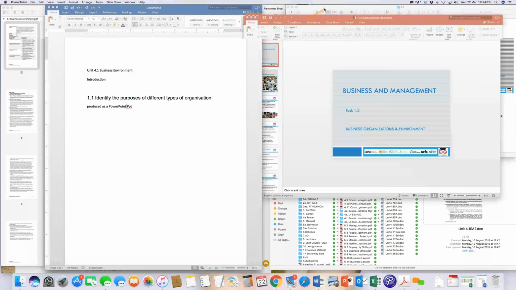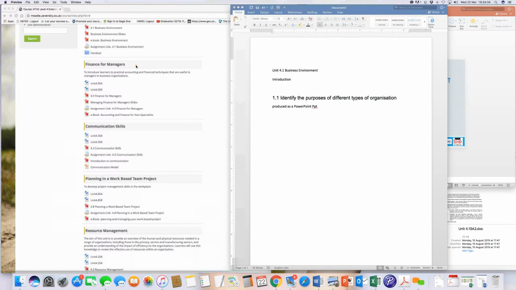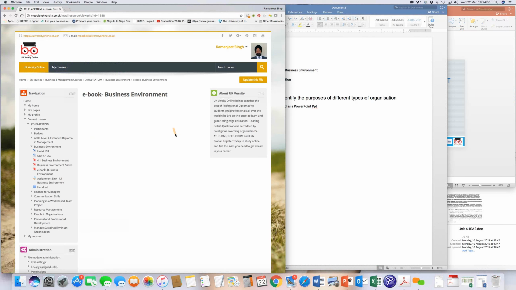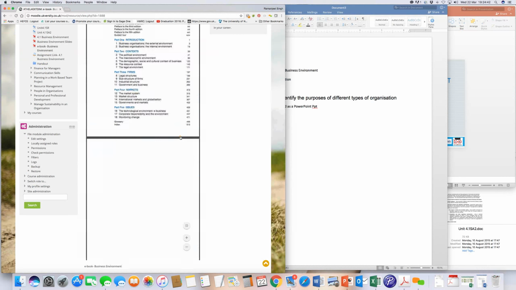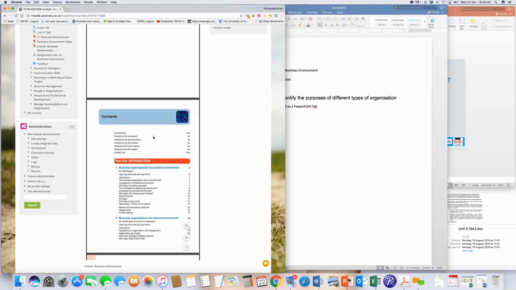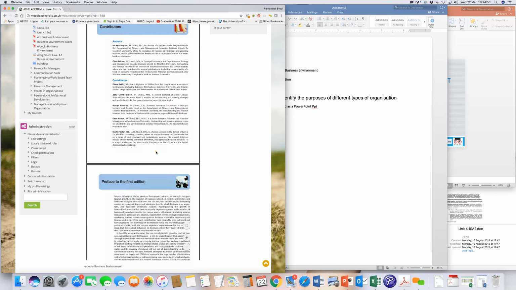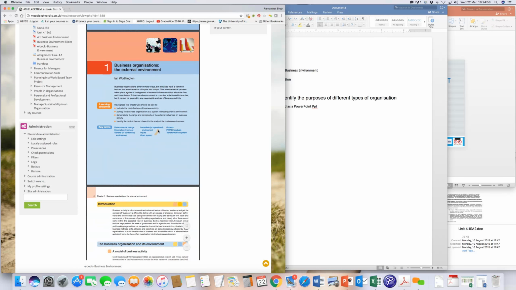Now, from my point of view, what I would suggest is, if you go on to Moodle and open the ebook there, this book comprehensively covers the entire unit. So when you are looking at, say, for example, learning outcome 1, what you're looking at is basically picking up things like the business organizations from here, and then we start looking at the content bit of it, and then you reference accordingly.